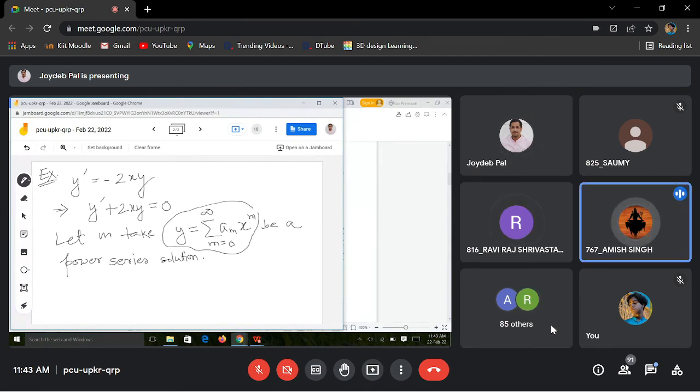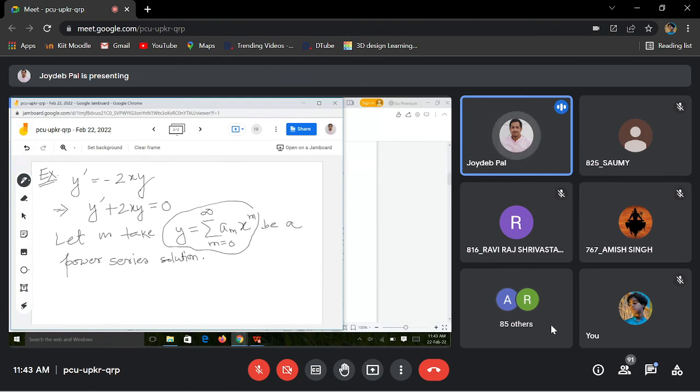Yes, sir. हाँ, सेकेंड ऑर्डर में y is equal to e to the power mx be a trial solution, then the auxiliary equation is, and after observing the roots of the auxiliary equation you have written the solution, right? So to solve ODEs you have assumed some trial solution. Here also to solve these ODEs we are taking a trial solution as a power series.